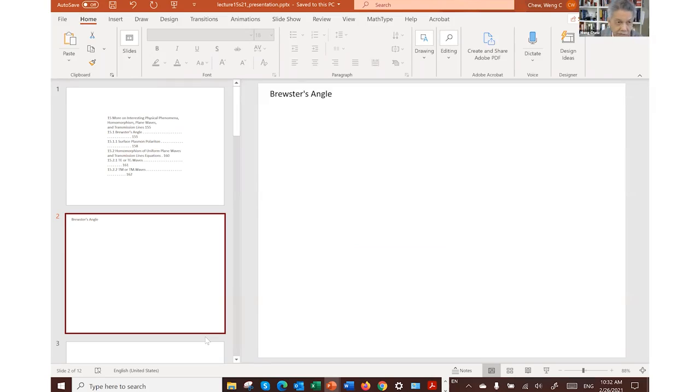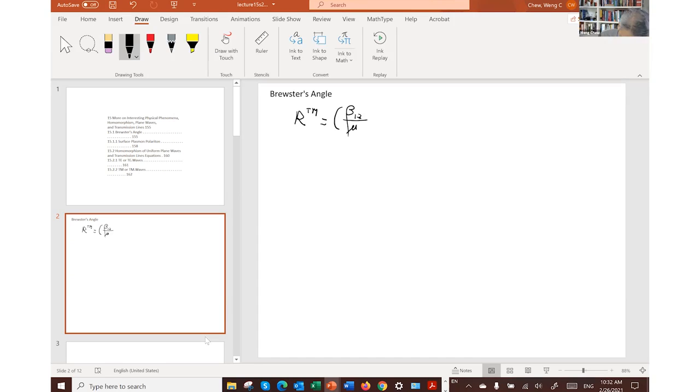So we have derived the Fresnel reflection coefficients, and we see that R_TM is given by beta_1z over epsilon_1 minus beta_2z over epsilon_2, divided by the sum of the two, beta_1z over epsilon_1 plus beta_2z over epsilon_2. So this is R_TM.